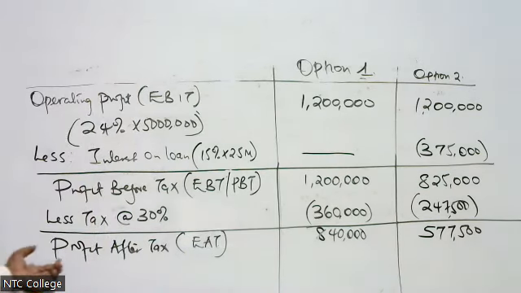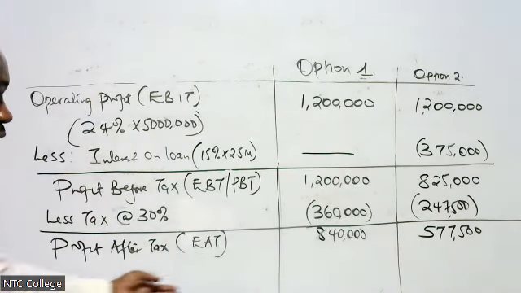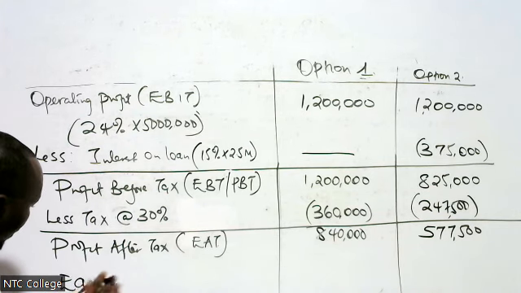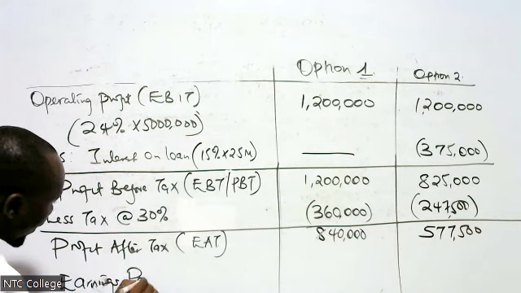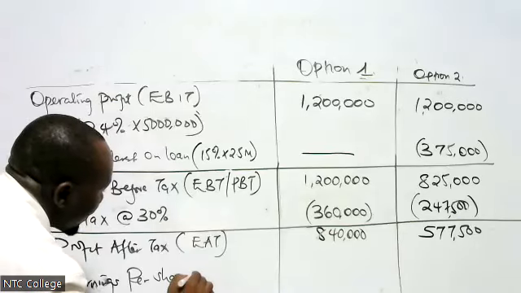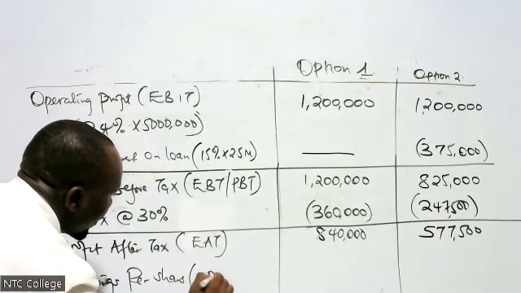So we have our total earnings here. We can now get our earnings per share, which is now the same as EPS.